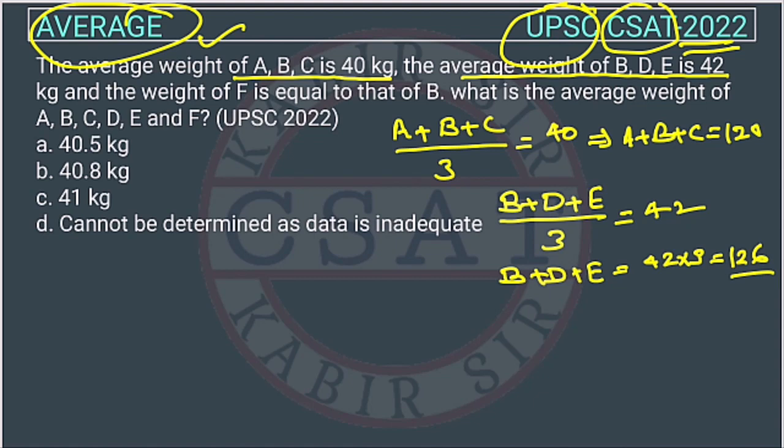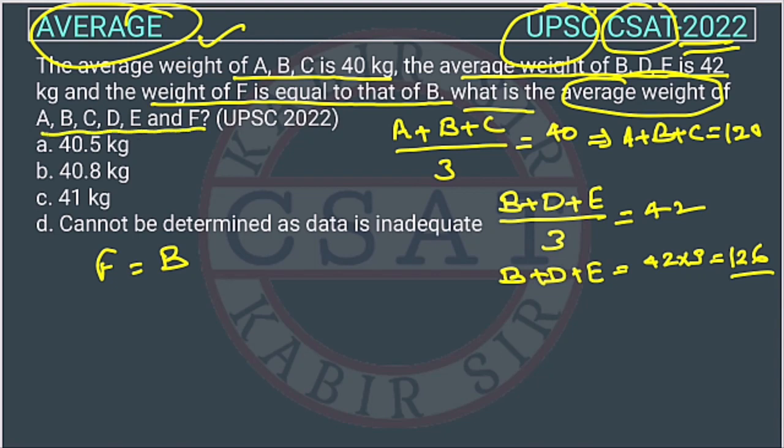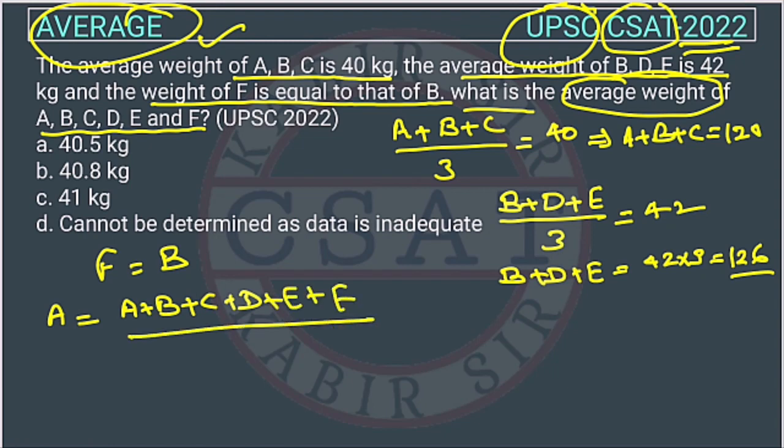So now one more thing is given, that the weight of F is equal to B. What is the average weight of A, B, C, D, E, F? So now the question is asking the average of all these items, A plus B plus C plus D plus E plus F, upon how many items are there? 6, right.